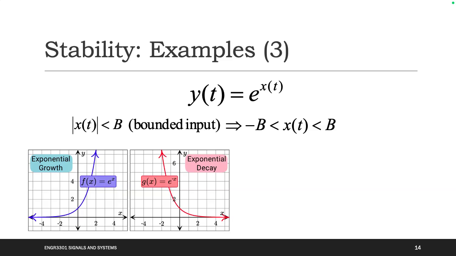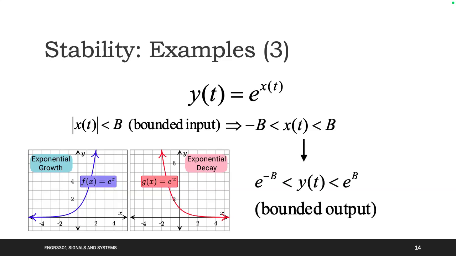Yeah, it is bounded, because you just get a range for this figure. So y(t) is just in this range. That makes sense to you? So this is a bounded output, so this system is also a stable system. That makes sense to you? Any questions?